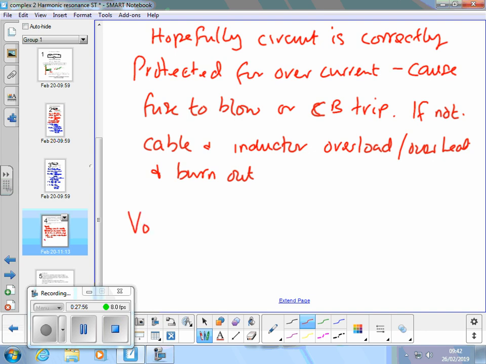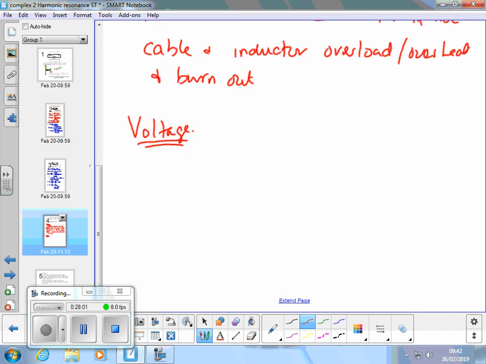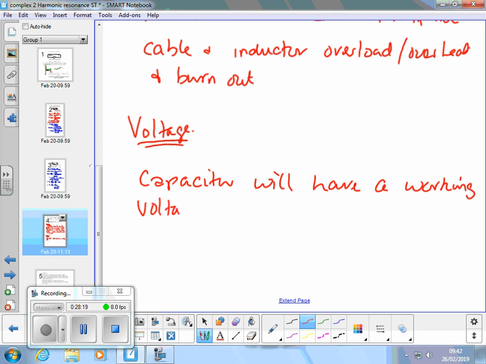Voltage. Capacitor. A capacitor, as well as its capacitance, will have a working voltage greater than 600 volts, but not 15 kV.